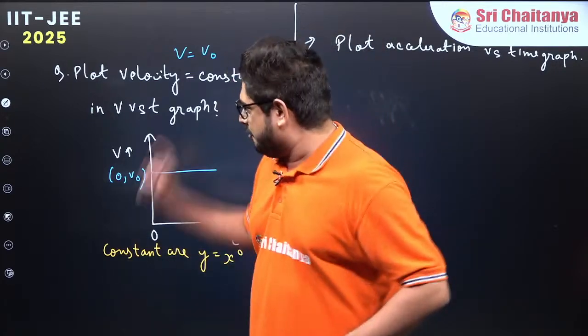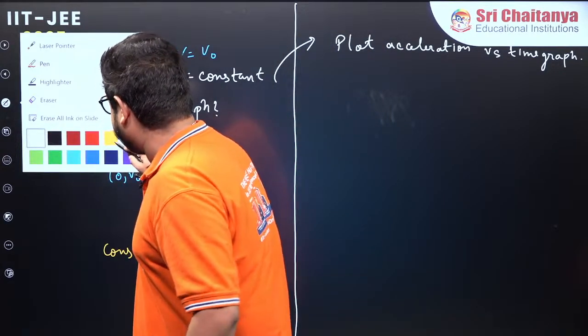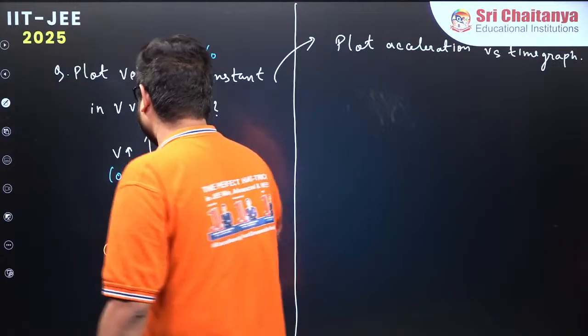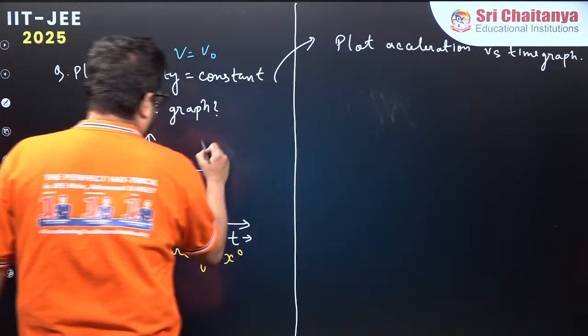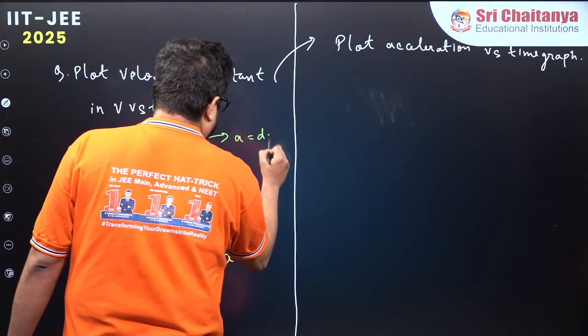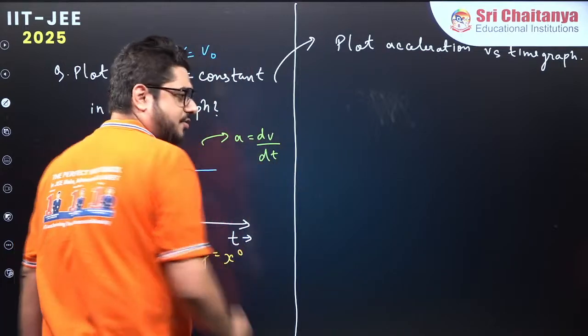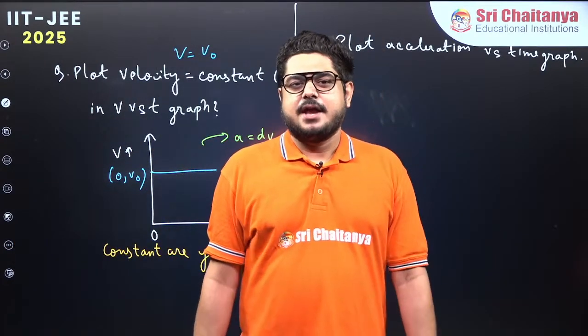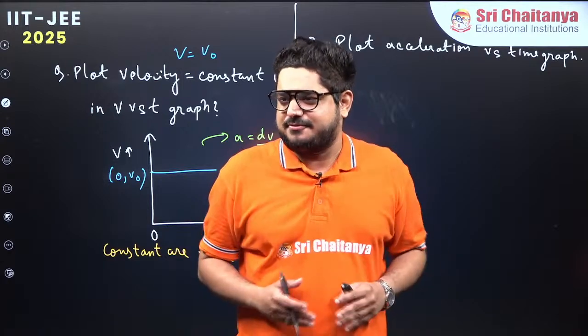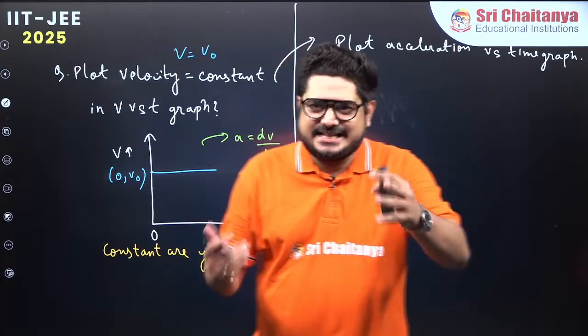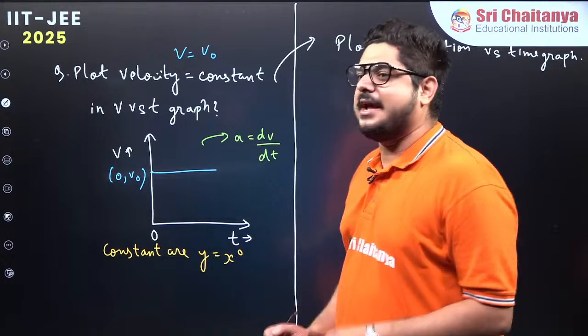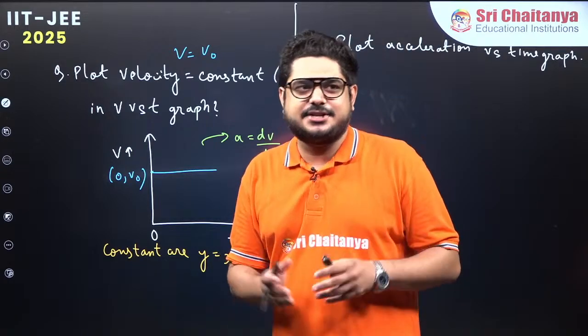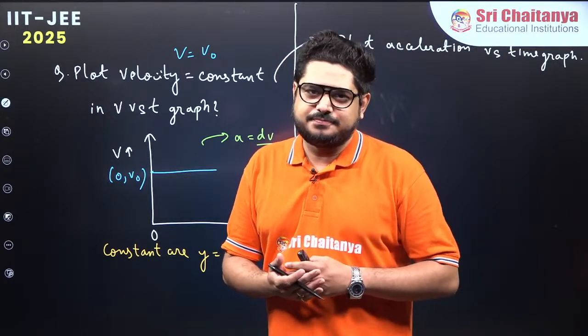So now we have seen in day 7th and day 8th that acceleration is given as dv by dt. If you can recall, acceleration is the slope of the velocity time graph, isn't it? So in this context, if the velocity is constant, the acceleration has to be 0, isn't it?